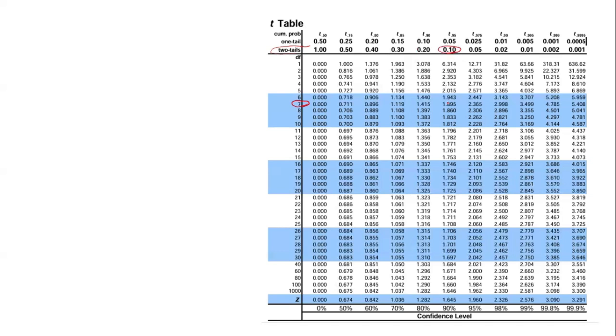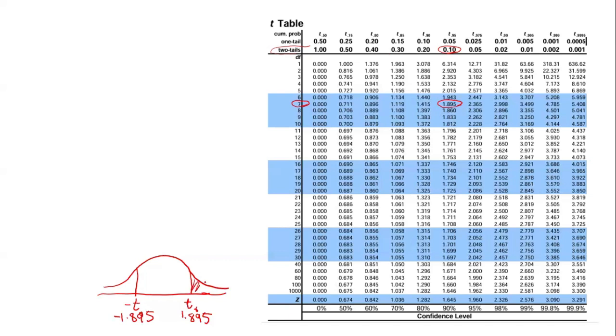Now the number that I find is 1.895. But you know, in every t-test, when you have a two-tail test, you always have two critical values. One positive critical value and one negative critical value. That means we have positive 1.895 here and negative 1.895 here.